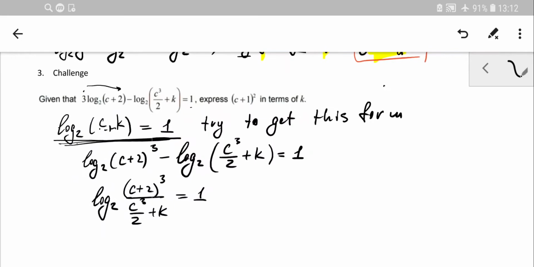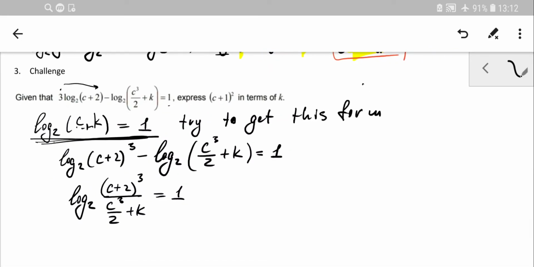All right, so we've got that. And finally, we need to express c plus 1 squared in terms of k. In this case, we just need to take 2 and raise it to the power 1. And hence we'll get c plus 2 cubed over c cubed over 2 plus k equals 2 to the power 1.